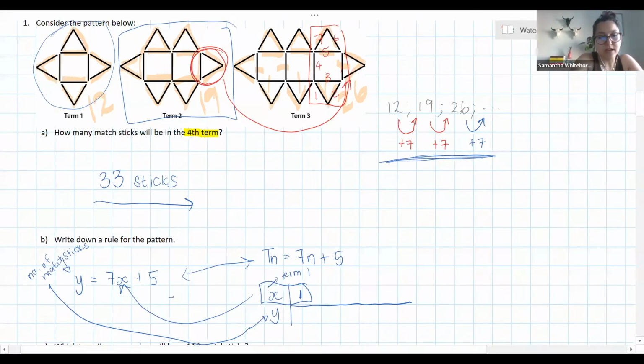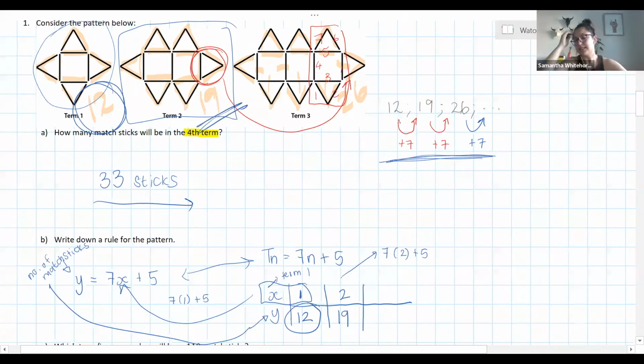So I would have 7 times 1, which is 7, plus 5, which gives me 12. And we saw that in term 1, we had 12 matchsticks. If we then go to term 2, I could substitute x for 2, so 7 times 2, which is 14, plus 5 gives me 19. I did have 19 matchsticks in my second term.